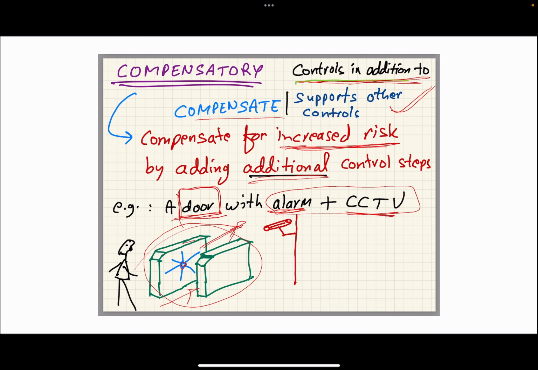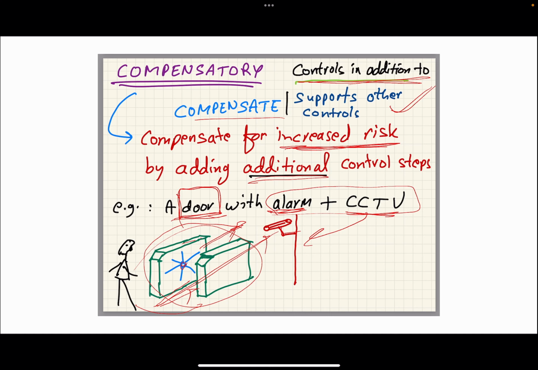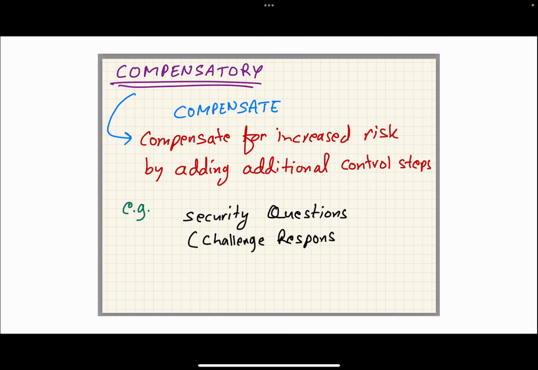So that's why we decide to implement this CCTV. This person may look at this CCTV and decide to not go inside because he knows he will be caught by this CCTV. So it works as a deterrent for this physical control. The person may not decide to go inside. So that's where compensatory controls come into play. As I said, compensatory controls compensate for increased risks by adding additional controls.